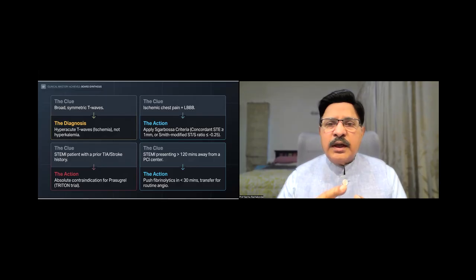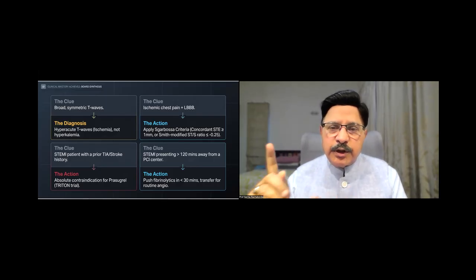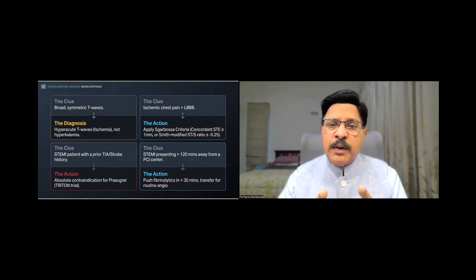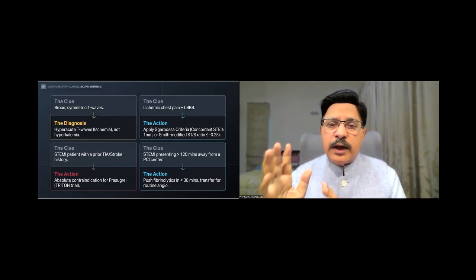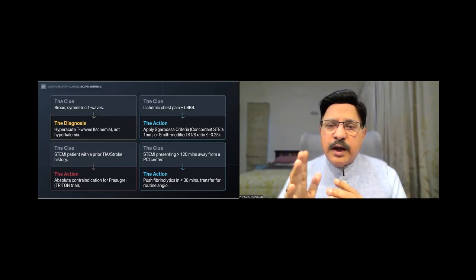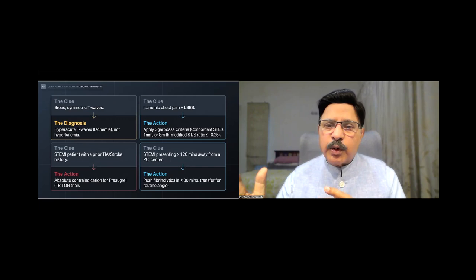The clue is ischemic chest pain, LBBB is present. Anybody coming with ischemic chest pain, highly suggestive of cardiac pain, and he has got a new onset left bundle branch block, most likely it is myocardial infarction. Never dismiss left bundle branch block. Apply Sgarbossa criteria. What are Sgarbossa criteria?